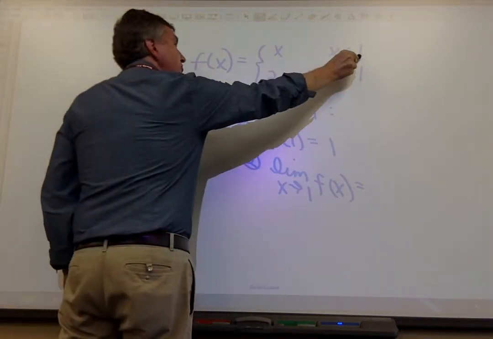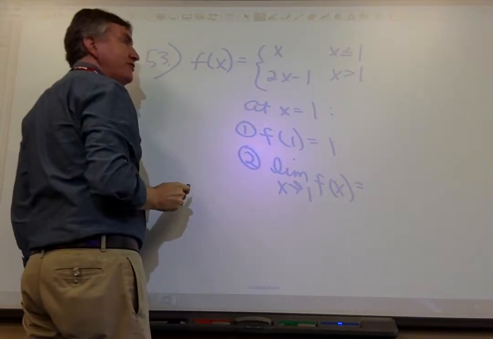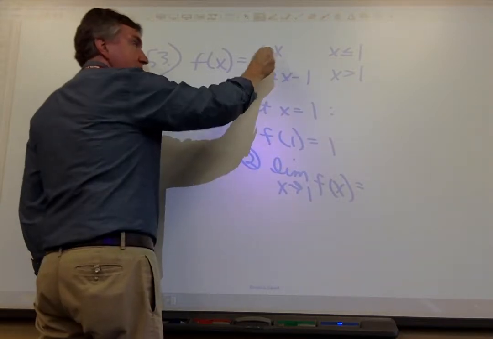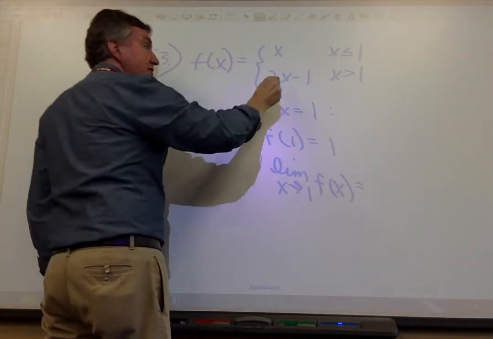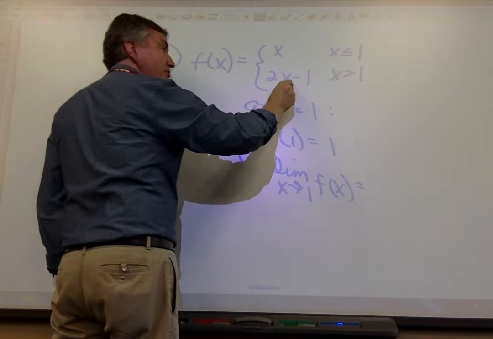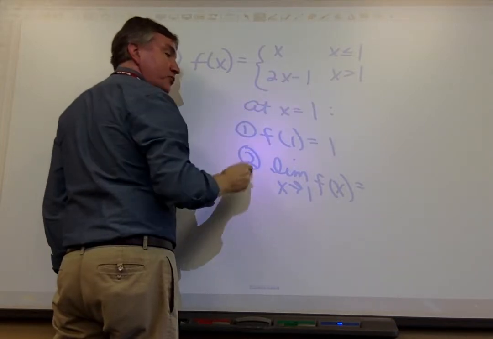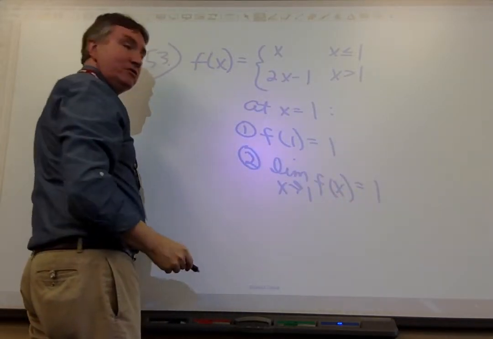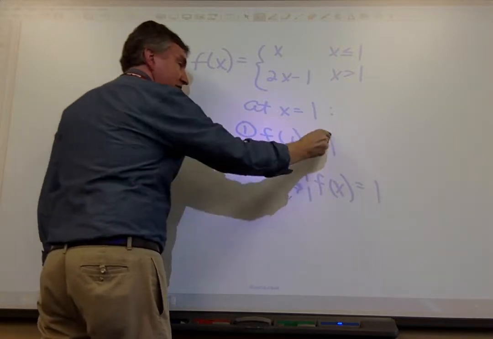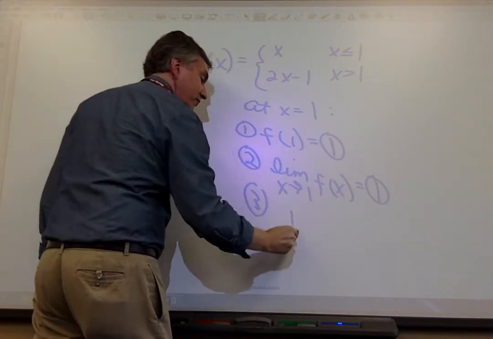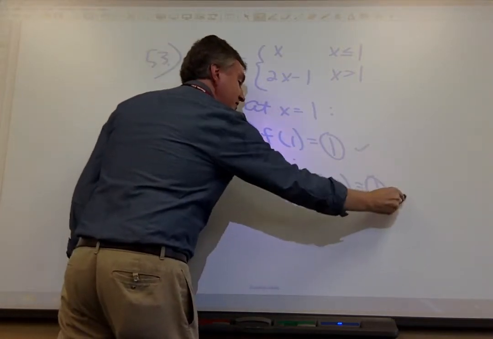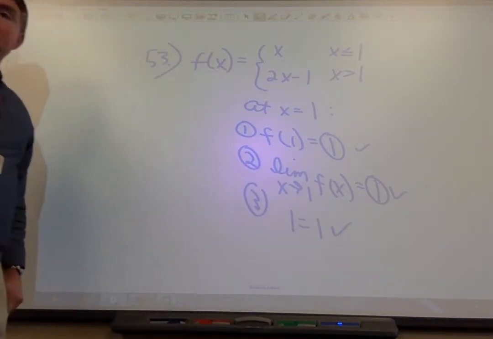Well, if I get close to 1 from the left side, from less than or equal to 1, it goes to 1. If I get close to 1 from above, 2 minus 1 is 1, so that limit is 1 too. So since this is equal to that, all 3 conditions are met, aren't they?